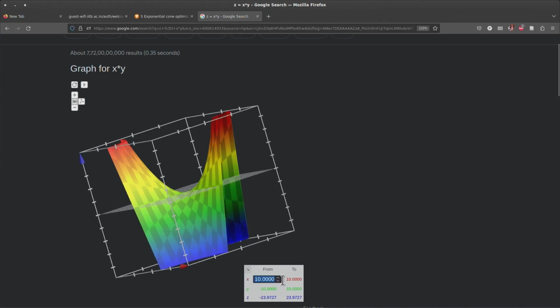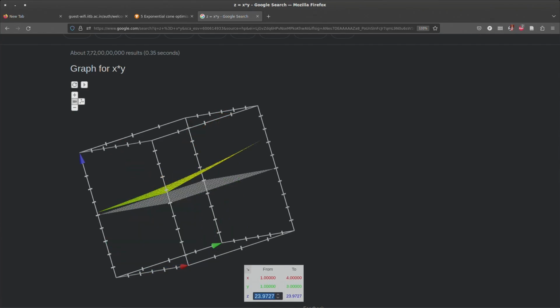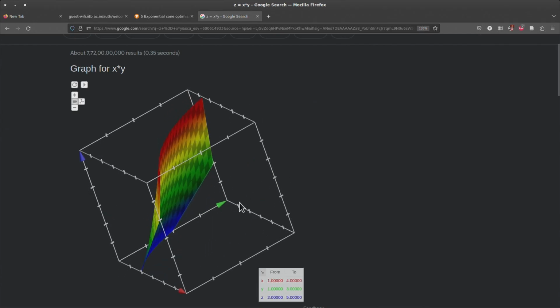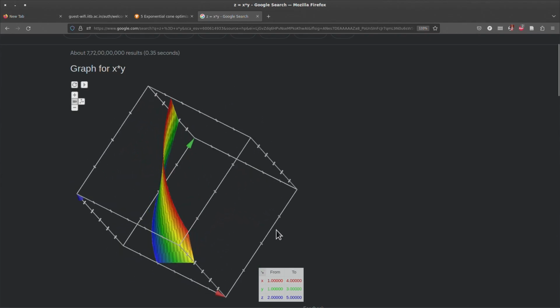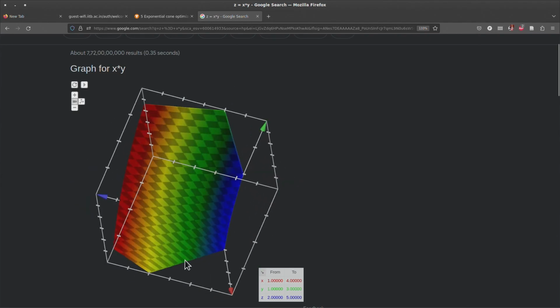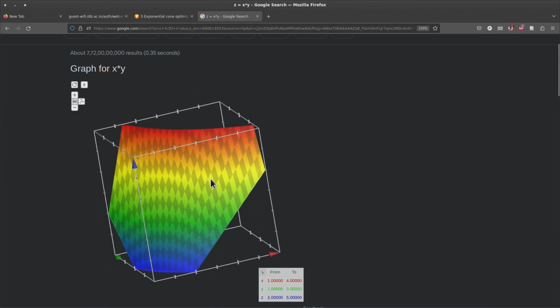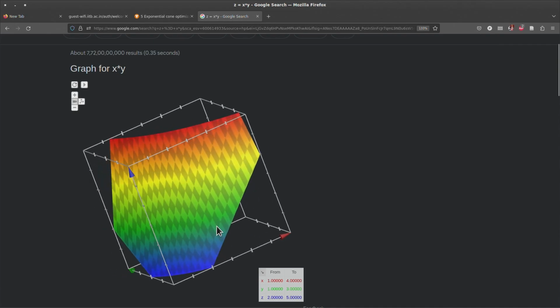But if you put the bounds that we just used, I think there were 1 and 4, 1 and 3, and then 2 and 5, what you get, where X and Y are the red and green axes, is more or less how the set looks.